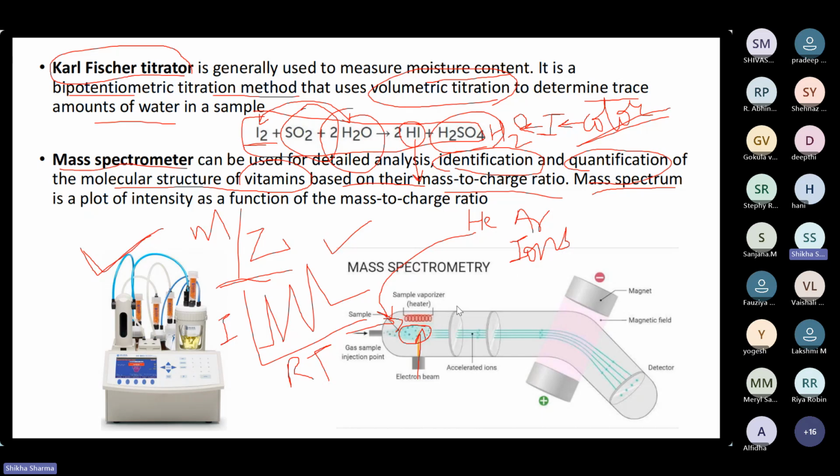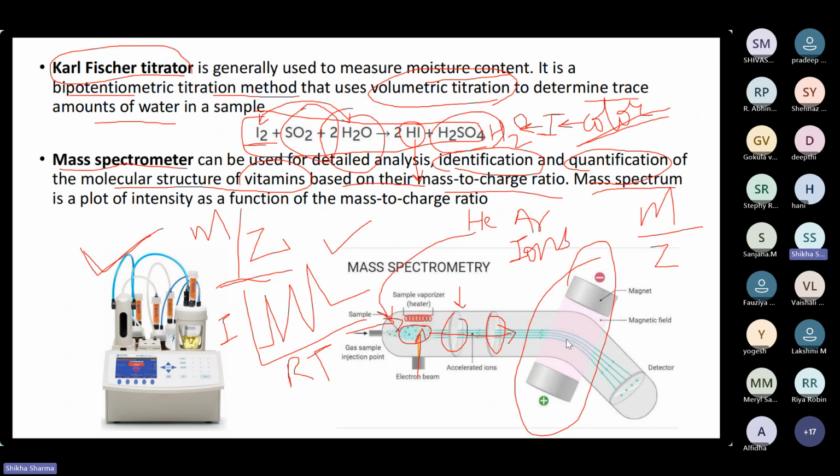The ions are accelerated with the help of some parts of the equipment, like deflectors, filters, or magnification systems. First the speed is accelerated, and after that there is a magnetic field. Because of the magnetic field, based on the m by z ratio of the particular ion, it will deflect.